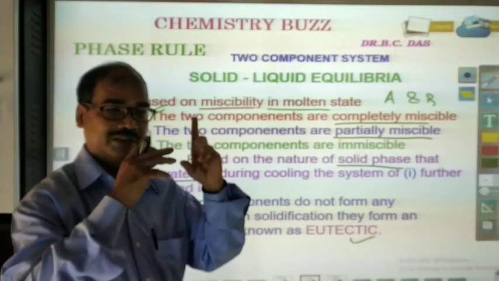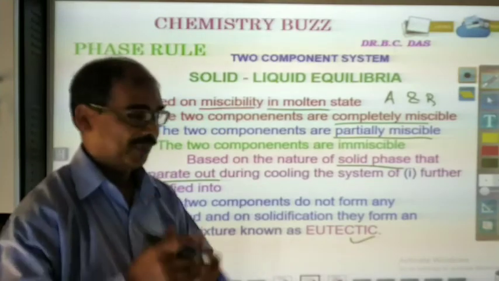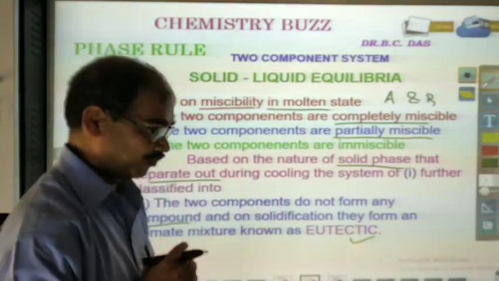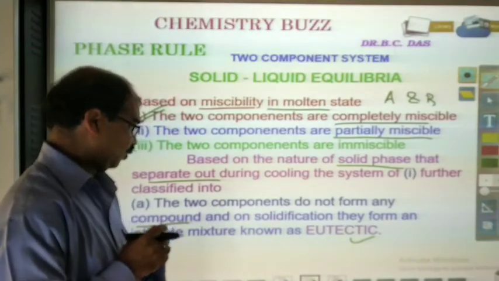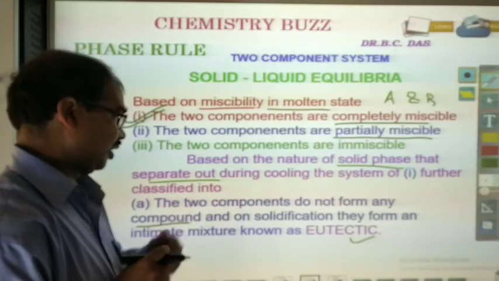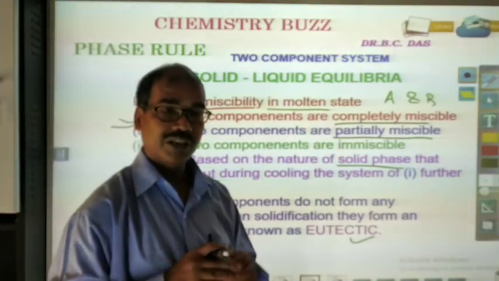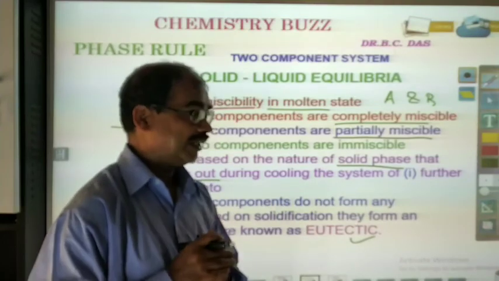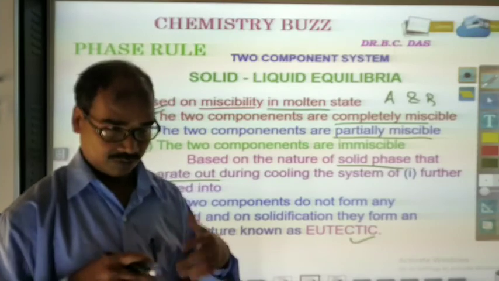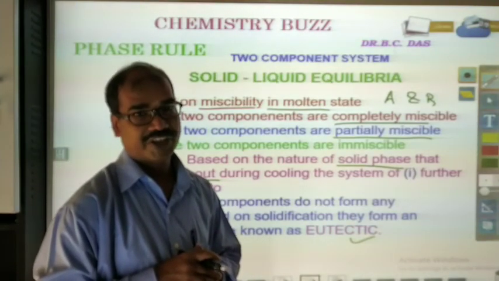When we heat them, the two solids will melt, and at the melting point they become soluble in the fusion state. When it is cooled, on solidification they will form an intimate mixture that is called the eutectic. The eutectic is also known as the lower melting point mixture.